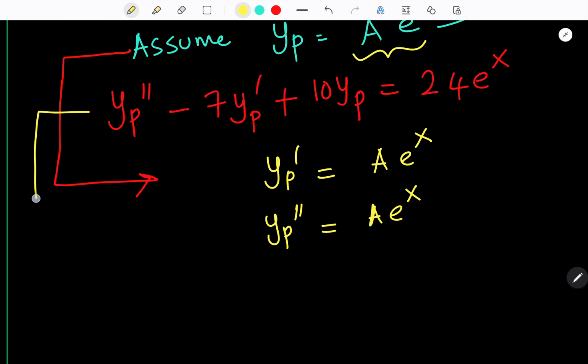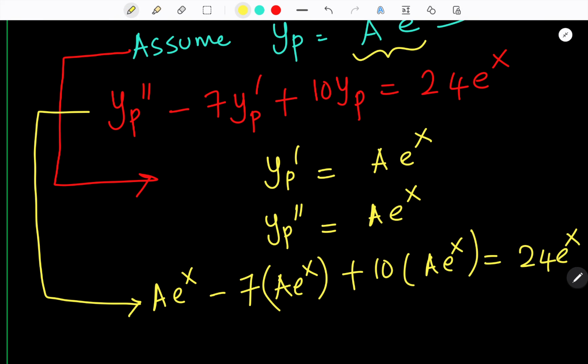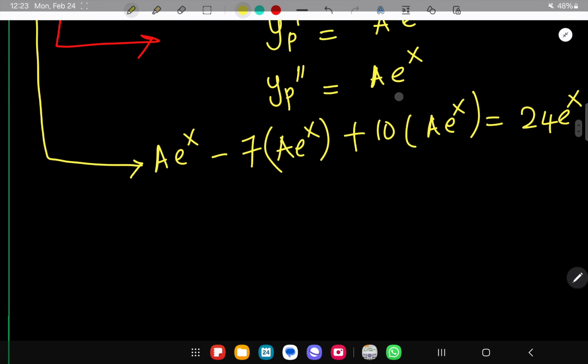So let me put all these things in the differential equation. Yp double dash is a e power x, minus 7 a e power x, which is yp dash, plus 10 times a e power x, which is equal to 24 e power x. Okay.